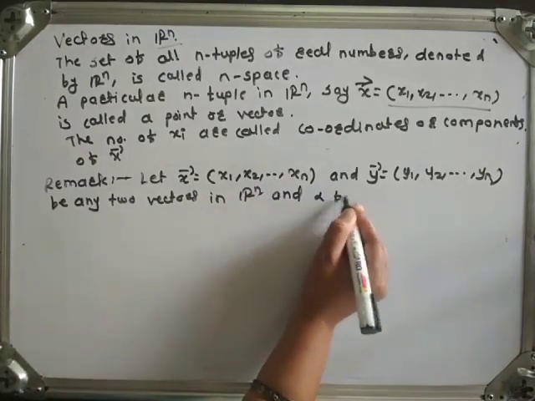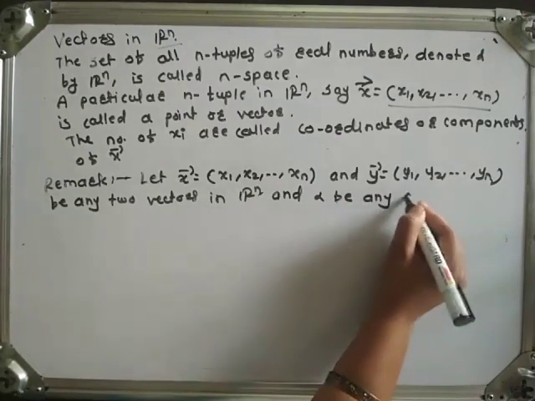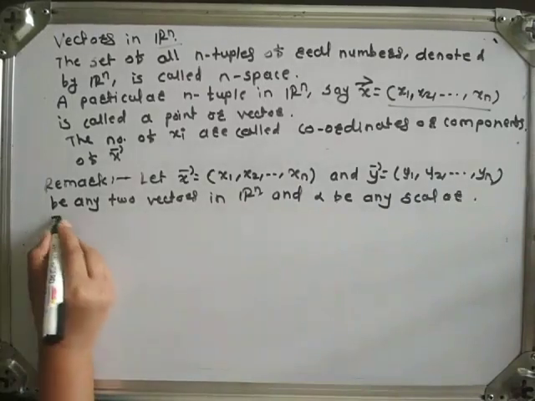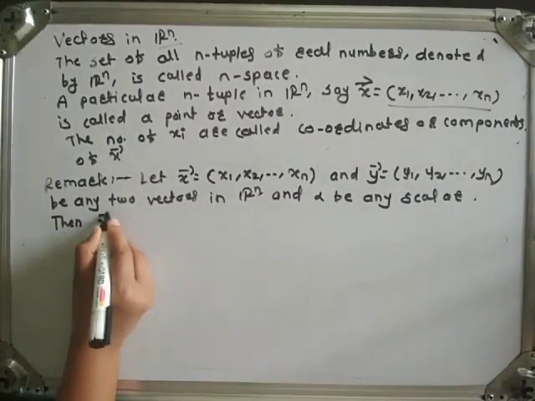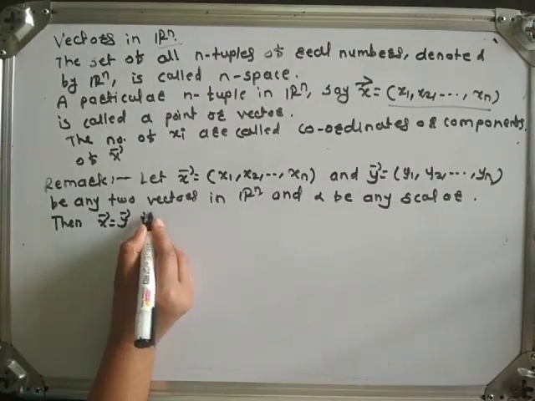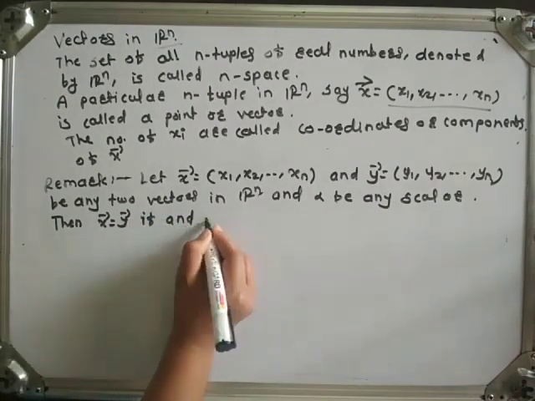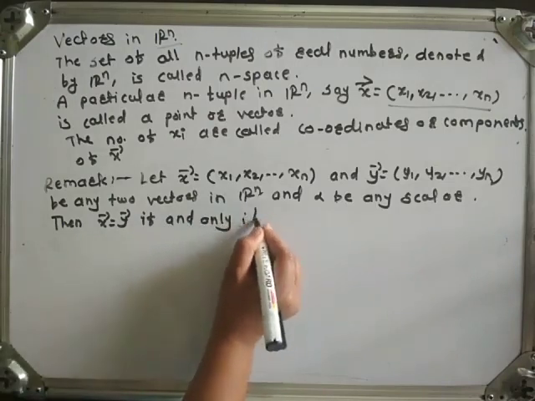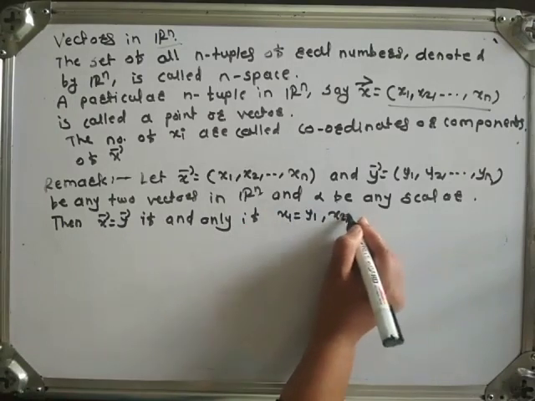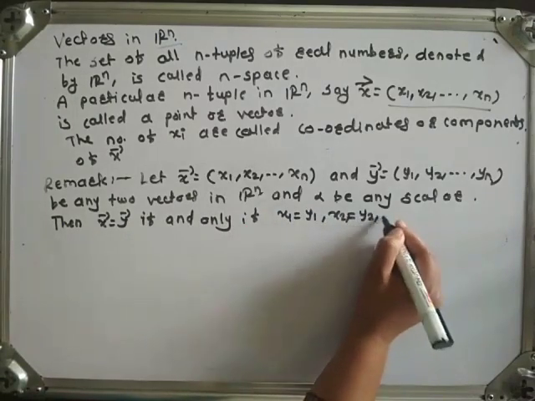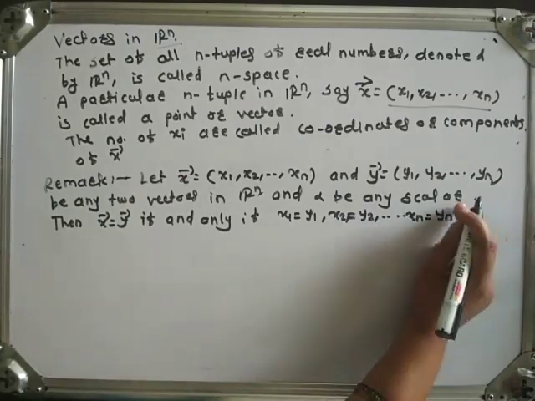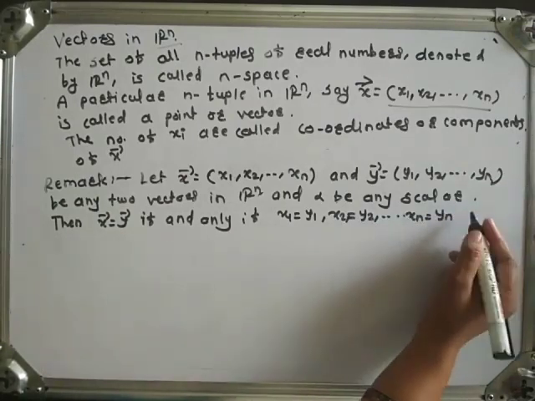And alpha be any scalar. Then x bar is equal to y bar if and only if x1 is equal to y1, x2 is equal to y2 and so on, xn is equal to yn, same as in 2 space or 3 space.